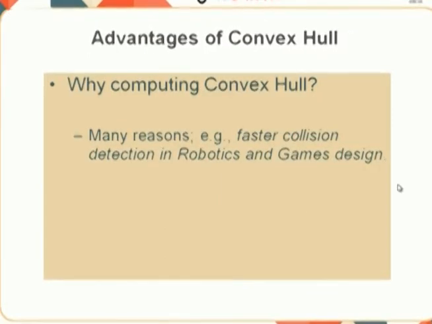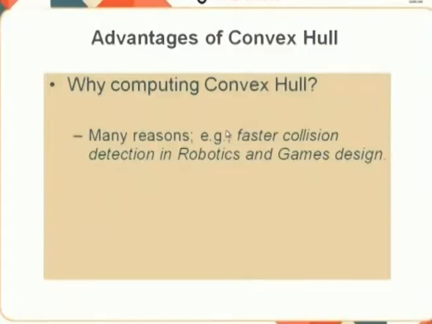So, that is the reason why we intend to find the convex hull for the set of points. Why should we do that? For us the importance is not very much, but for the robotics field this is very important. In robotics the intention is to find the convex hull, in short to find the shortest distance between objects such that collisions can be avoided.